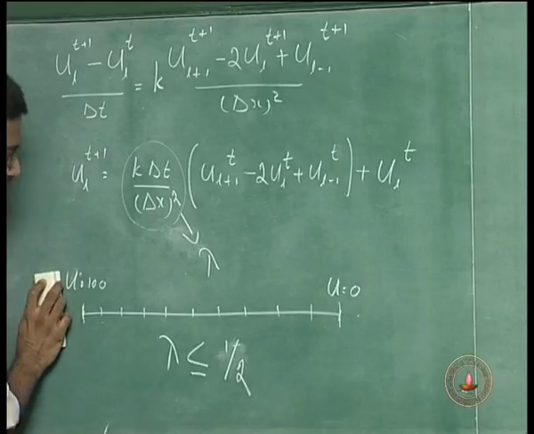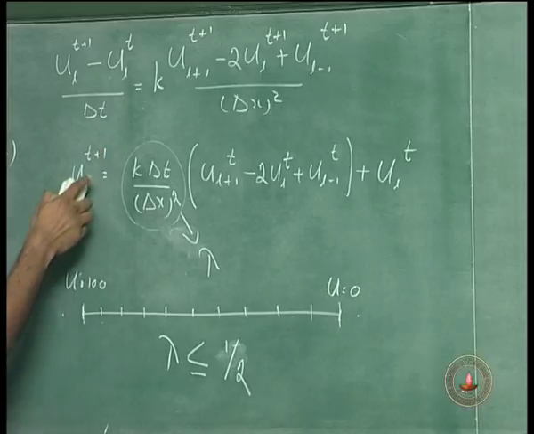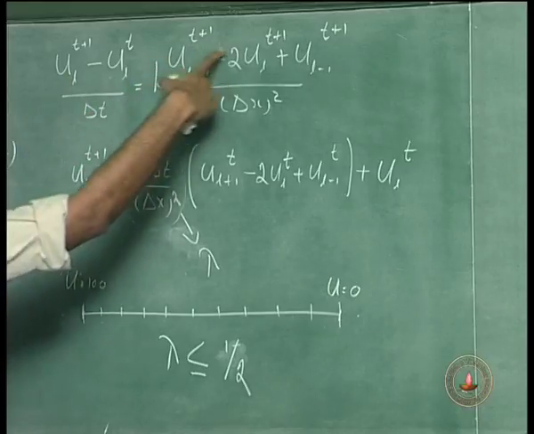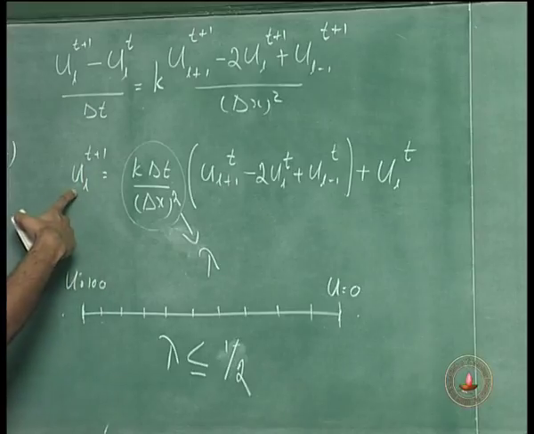So we have to write a different equation. When this is all evaluated at time t, we have a very simple equation for the temperature at time t plus 1.